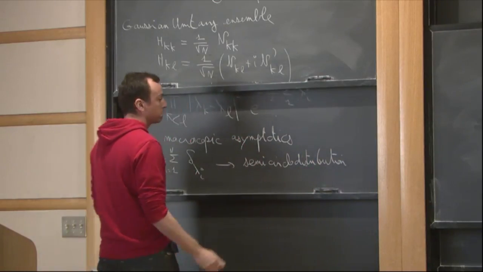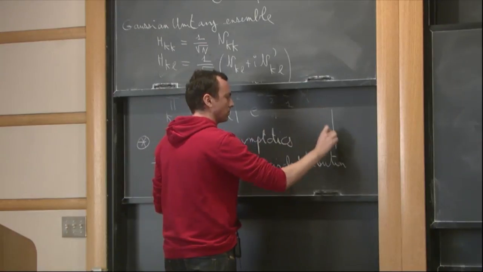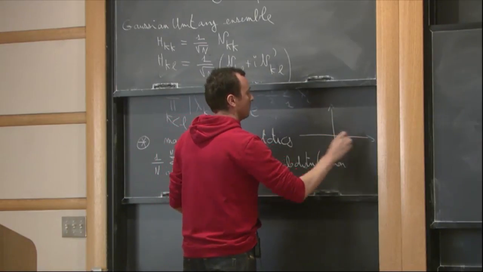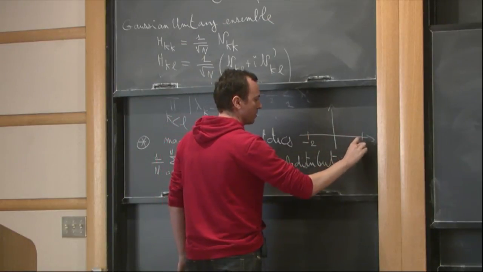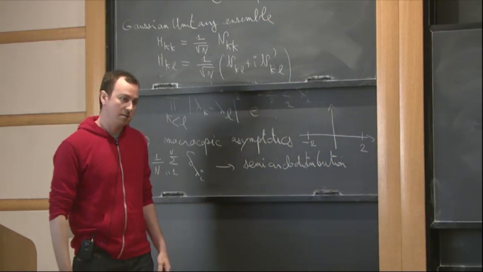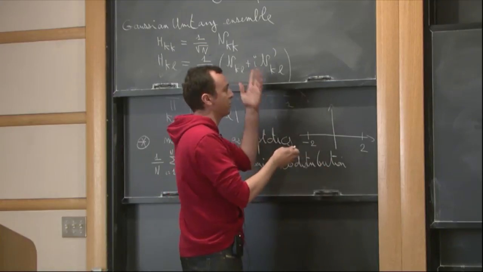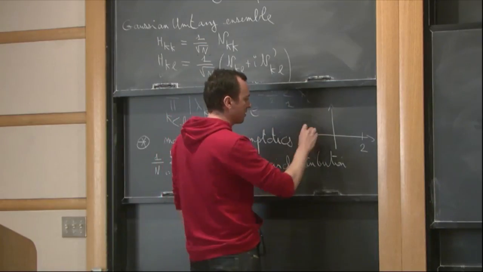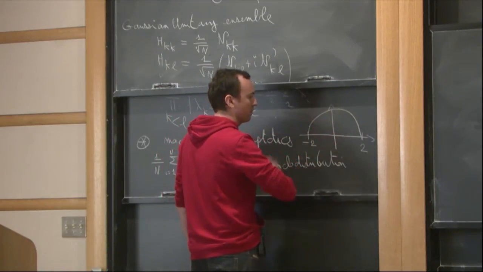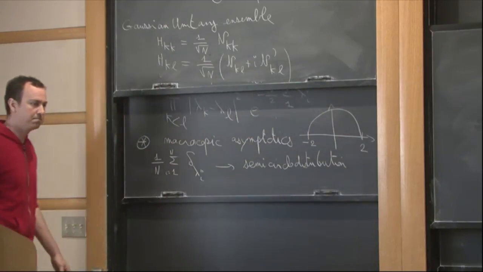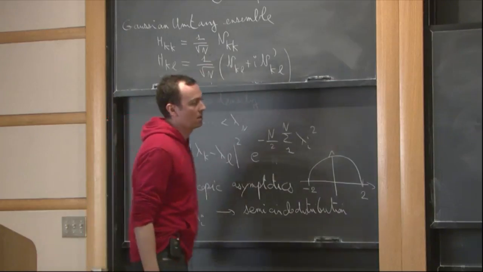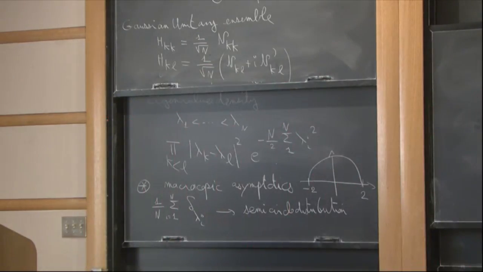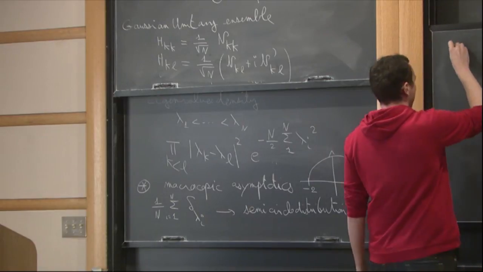Which means that typically, for our choice, it's a distribution supported between -2 and 2. And a typical histogram of the eigenvalues of such a very large matrix will be a semicircle. Okay. So that's for the macroscopic asymptotics. What we refer to when talking about universality, at least in this talk, is the microscopic asymptotics.